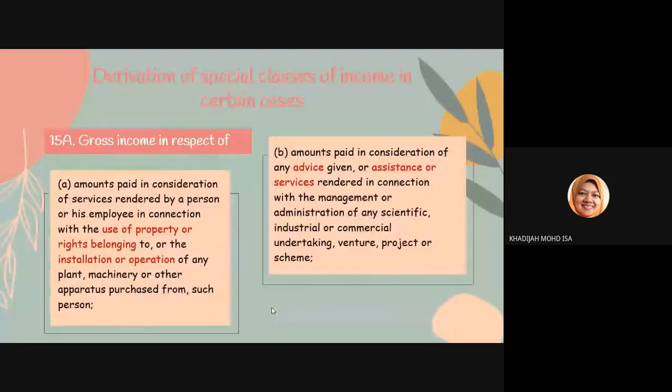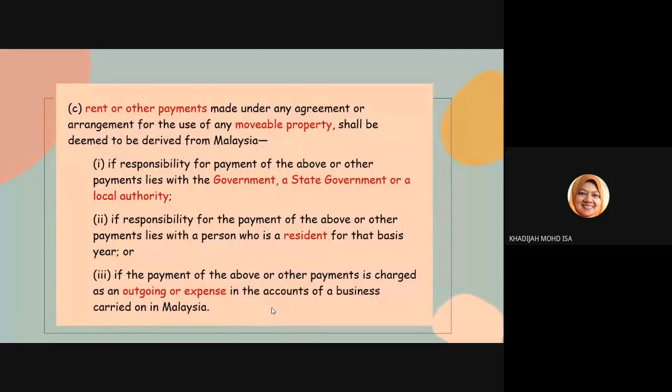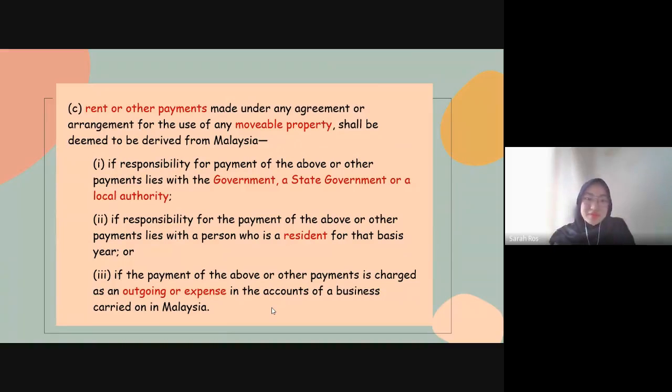Okay, and then for 15AC, the rent or other payments made under any agreement or arrangement for the use of any movable property. Movable property here means the property that you can own and take with you, for example, stock and shares.